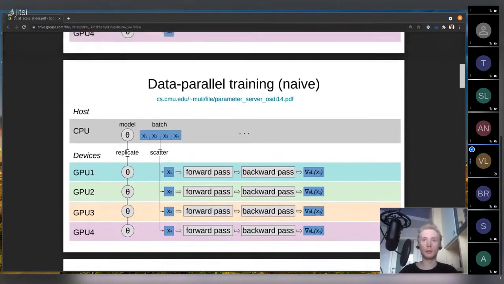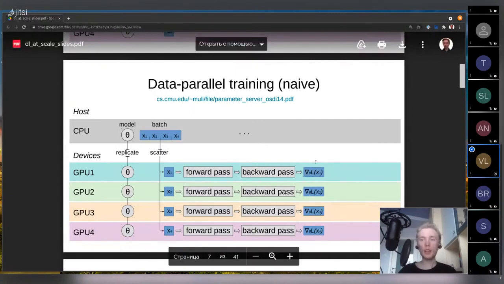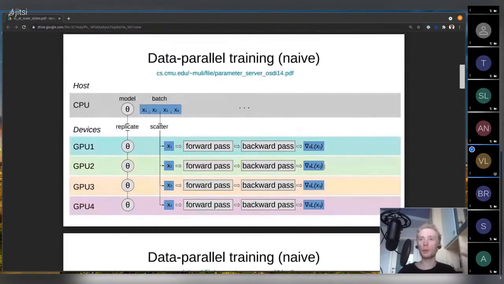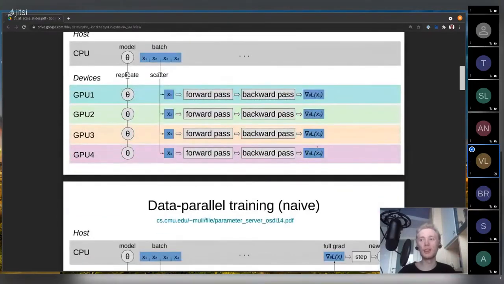If we do even one training step, forward propagation and back propagation, after that we end up with 4 different parameter sets. Either we have to do it every time, or we have to do it in the very end, but we have to somehow join the results.